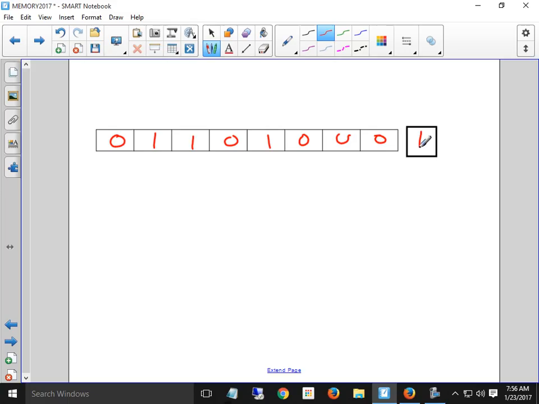Okay? So what it does is it writes the data like it would normally do it, and then it goes, how many ones do I have? I have 3. I need to have an even number, so I'm going to put a 1 over here. And then when it reads the data, it says, oh, there were 3, so there better be a 1 here if it was written right. Because if one of these bits accidentally gets written wrong, and all of a sudden this is a 1, it fails the parity check.